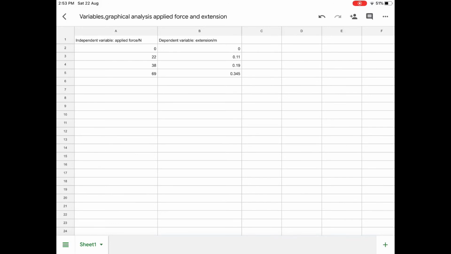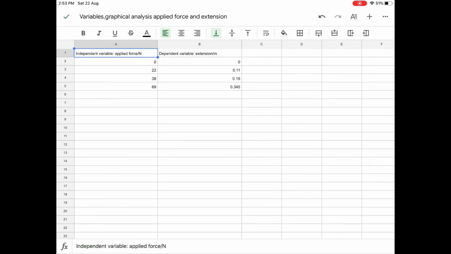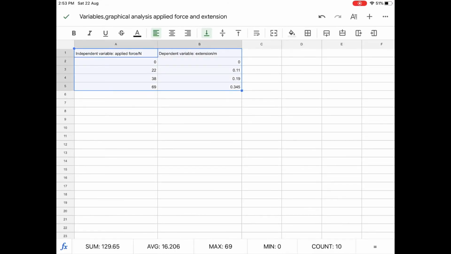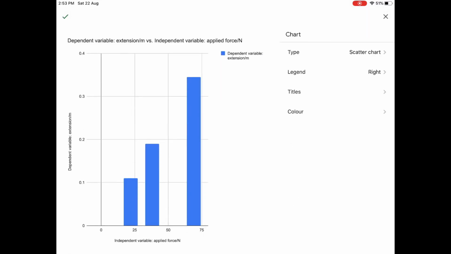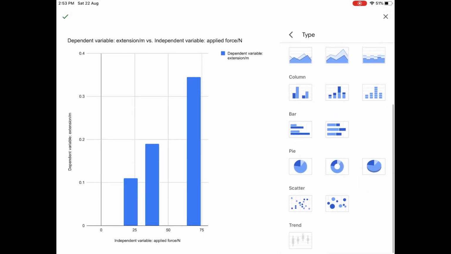The first column, independent variable applied force, with the unit Newton, and in symbol form is capital letter N. And also for the dependent variable, in this case, we measure the extension of the spring, with the unit meter, M. After you input this recorded data, you can plot a scatter graph and select the type to scatter.